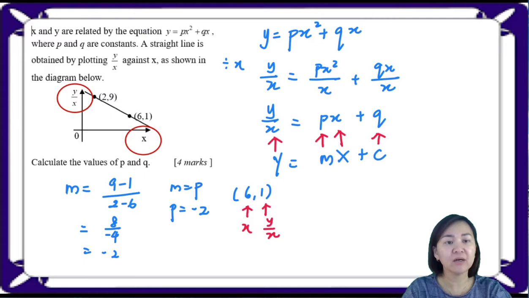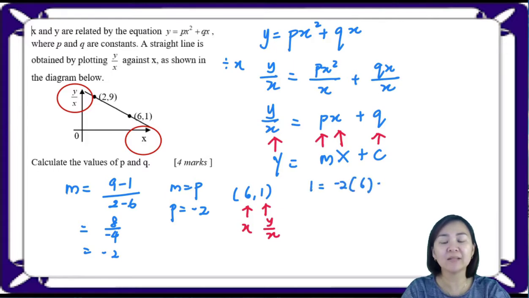That's the whole thing. Don't substitute y equals 1 and x equals 6 into the axes of y, which is very wrong. This is a common mistake that students always make. So substitute the given values into the equation.